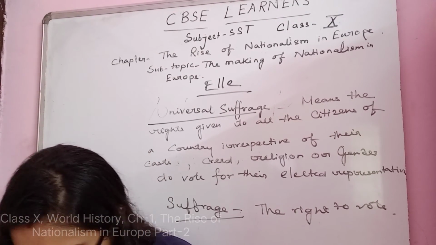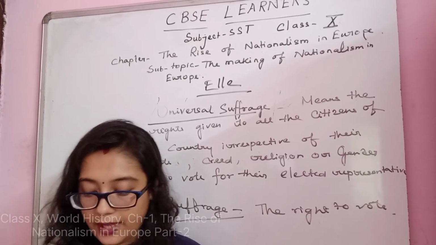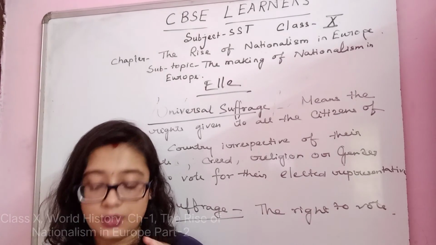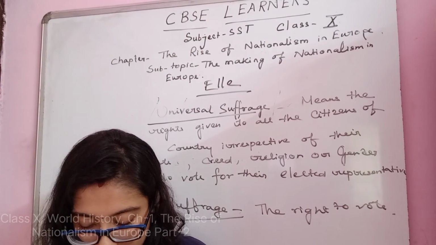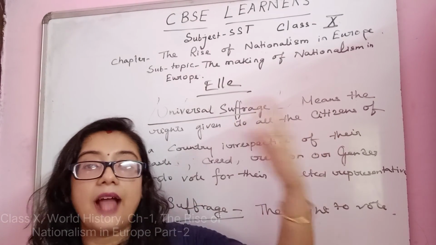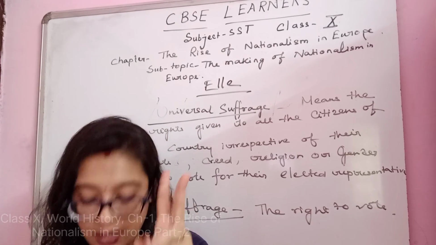The union abolished tariff barriers, the tax barriers, and reduced the number of currencies from over 30 to 2.